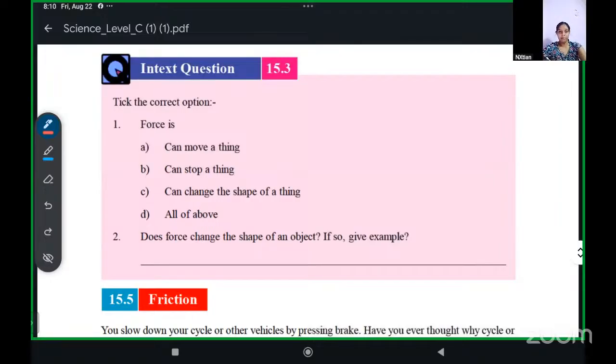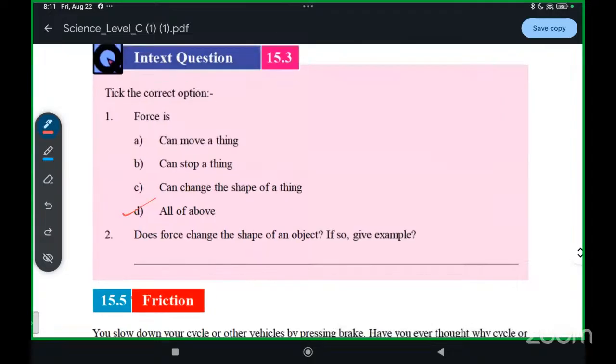Yes, Abraham, Emma, what can force do? Ma'am, force can move a thing. Force can change the shape of a thing, and all of the above. Okay, force does all of the above. Yeah, ma'am.